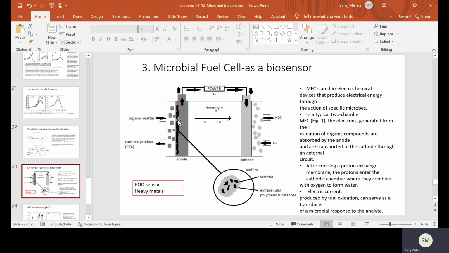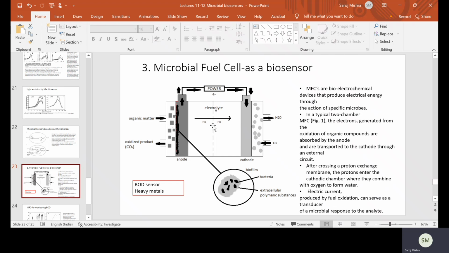So there is no internal acceptor for these electrons. These electrons are thrown out into the medium and they are taken up by the anode, where the flow of electrons will cause current to flow. The hydrogens are going to flow through a semi-permeable membrane which divides the two chambers right here.